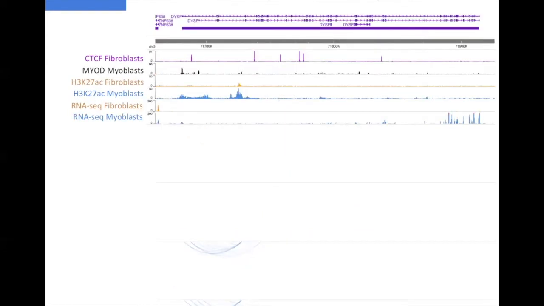This is a beautiful example of muscle-specific genes, dysferlin, whose expression, as appreciated by RNA-seq here, is induced by the ectopic expression of MyoD.